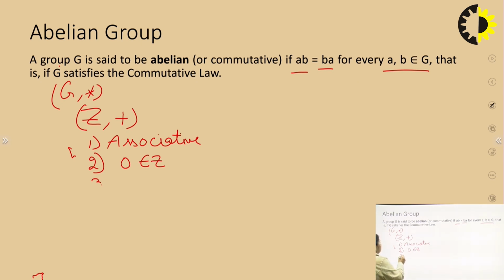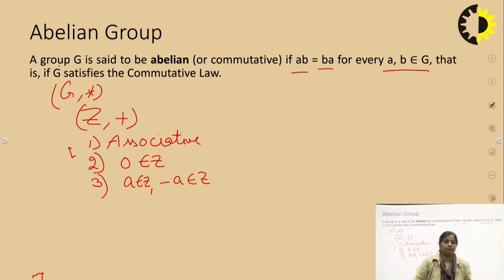Third, if A is an integer, then minus A is also an integer. And if we apply addition on A and minus A, then we'll get identity element 0 in answer.